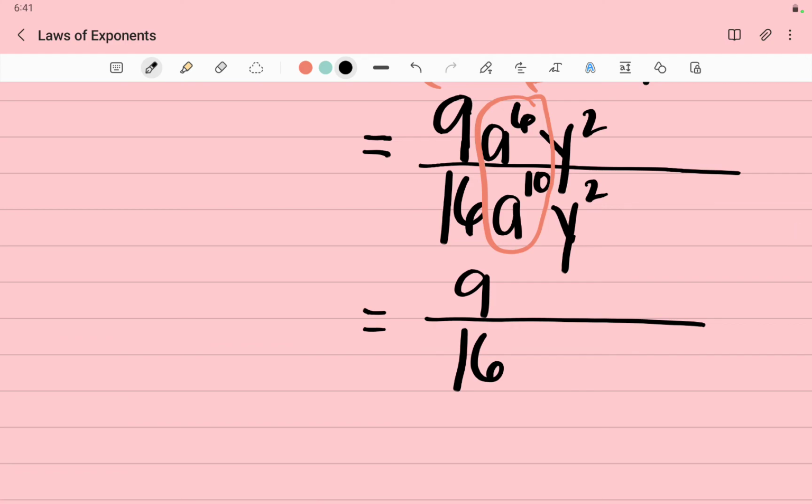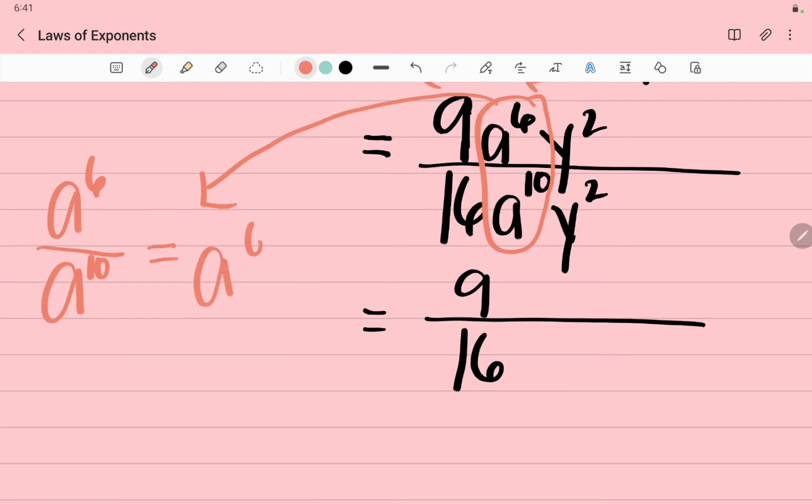Copy the base and subtract the exponent. That is a raised to 6 minus 10, which is a raised to negative 4.